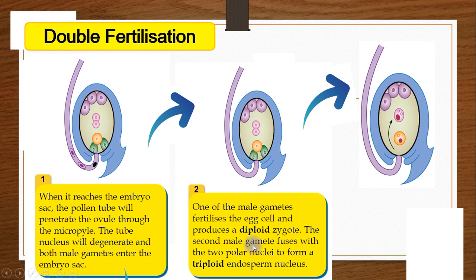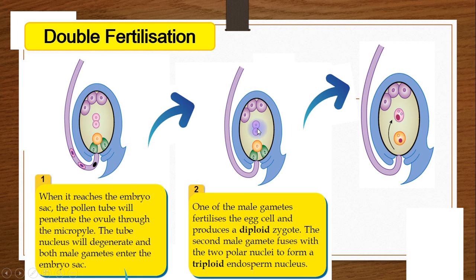The second male gamete fuses with the two polar nuclei. This is referred to as the two polar nuclei. The second male gamete will fuse with the two polar nuclei here, and it will form the triploid endosperm nucleus. Why triploid?